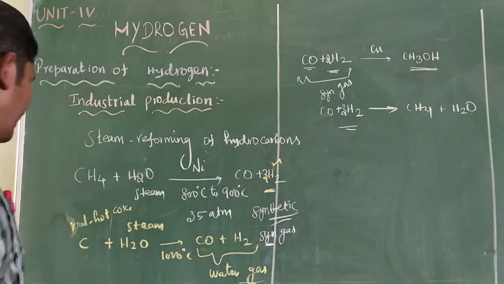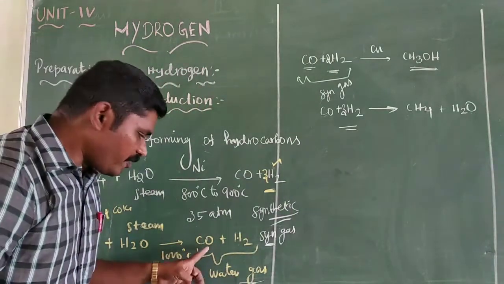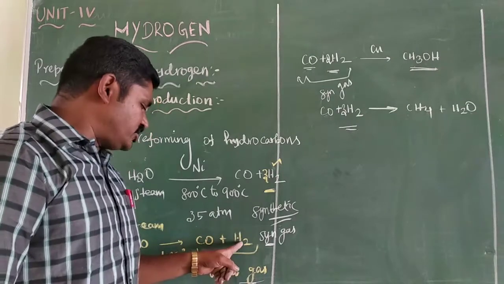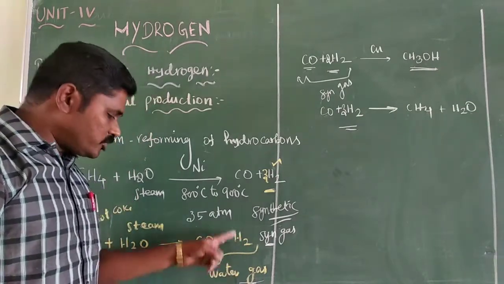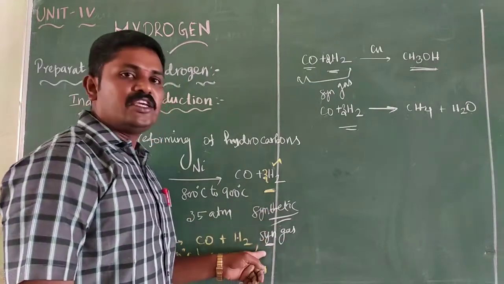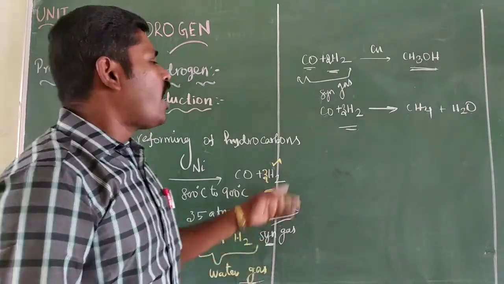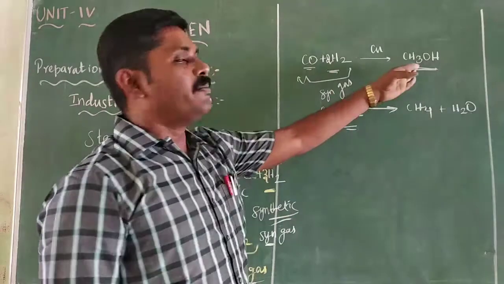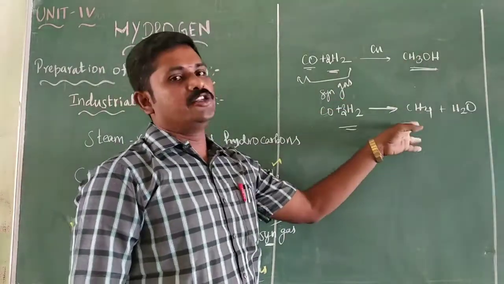Right? So the mixture of carbon monoxide and hydrogen is called water gas, also known as syngas or synthetic gas. It is used in the synthesis of organic compounds such as methanol and simple hydrocarbons.